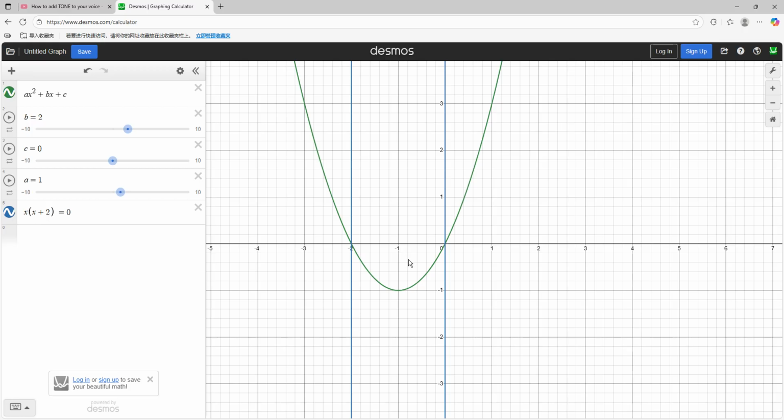So, how to find the turning point? The turning point is pretty straightforward. Most of the time I call it the mean theorem, or just find the average.